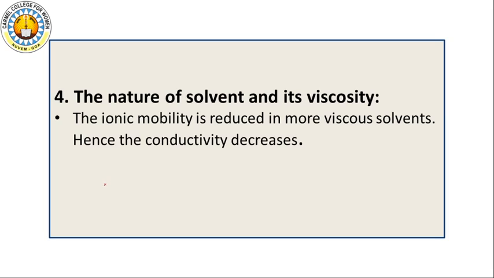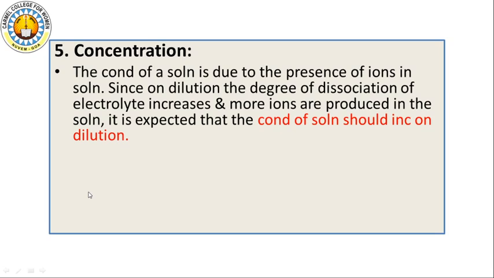If we use a solvent having higher viscosity, the ions in that solution will not be able to move fast. When the ions cannot move fast, the conductance decreases. So ionic mobility is reduced in more viscous solvents. If the solvent is less viscous, conductivity increases. If it is more viscous, conductivity decreases.